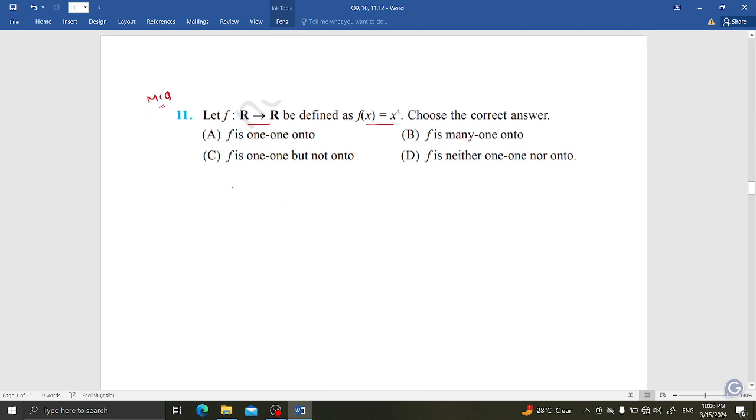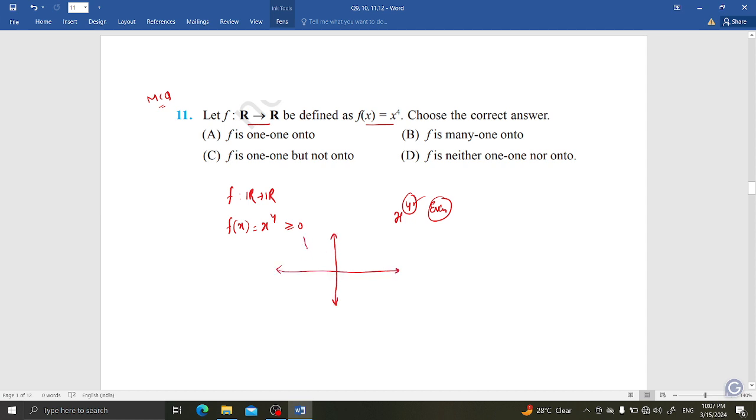Now here we can observe the function is defined from R to R, and f of x is x raised to the power 4. We observe that this power is even. If it is an even power, the value has to be greater than or equal to 0. The graph of this function is like that.